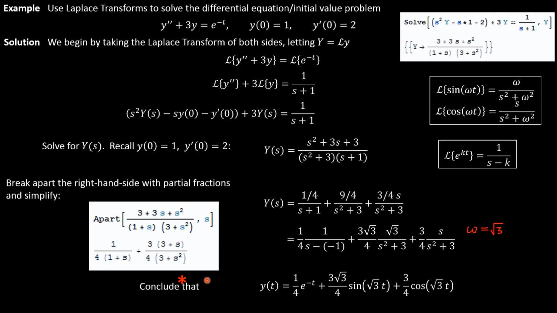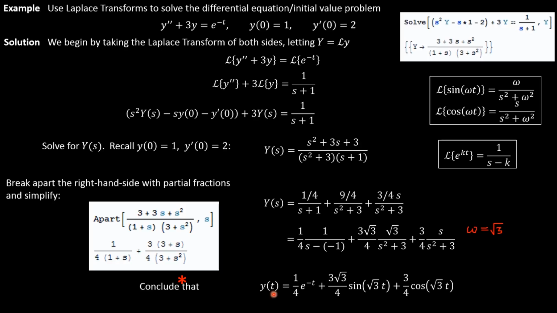We've shown through rigorous computations that the Laplace transform of our unknown function y, which we denoted by capital Y, is equal to all this. We also went about finding a function whose Laplace transform is this. Now, I just made, as I said, a devious assumption that if the Laplace transform of this function is this, then this is the correct function. Depending on who you are, that might make no sense.